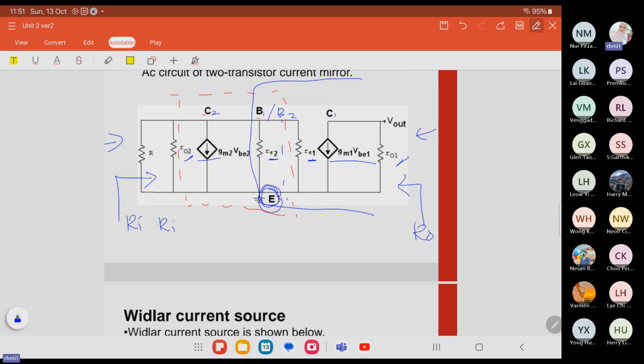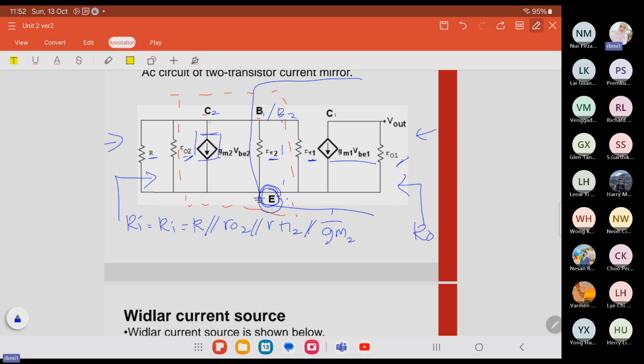So for R in, we have R parallel with small r naught, and then parallel with R pi 2 when we measure the input resistance. This one will be open circuit. So we have r naught 2 parallel with R pi 2, and then parallel with 1 over gm2.